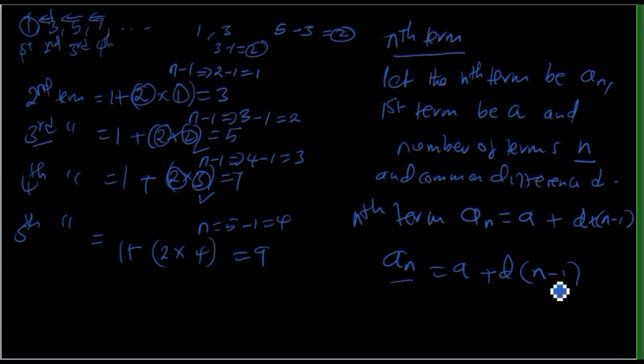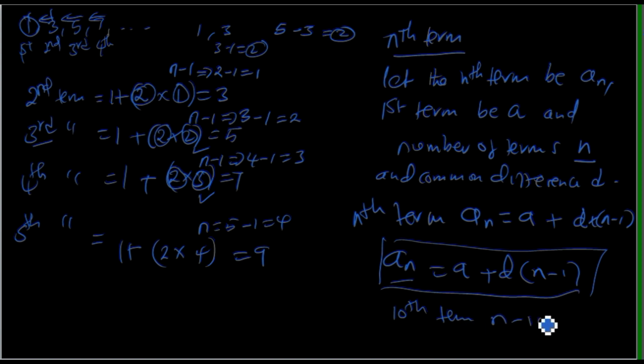If it is the 10th term, then it means you are having number of terms equals 10. If it is the 20th term, then it means the number of terms is 20. Let's say, for example, in this sequence above, we got the 5th term to be 9.